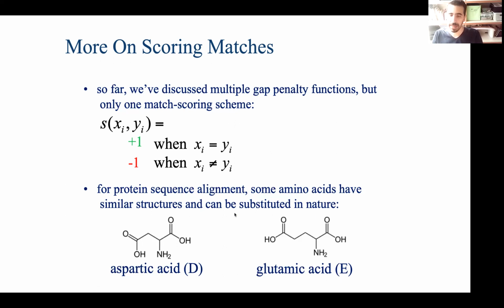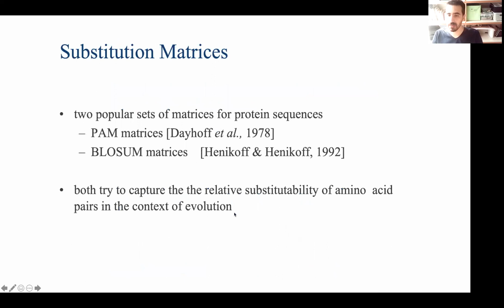That's why there are some popular substitution matrices offered by first Dayhoff, who is the pioneer of bioinformatics, and the BLOSUM matrices, which are used in the BLAST algorithm.